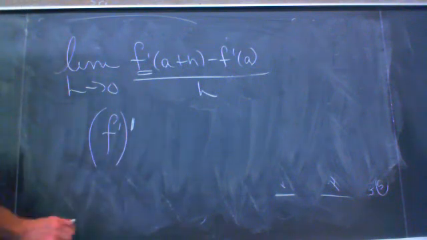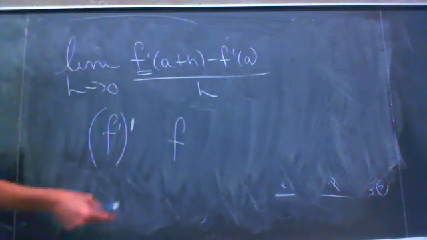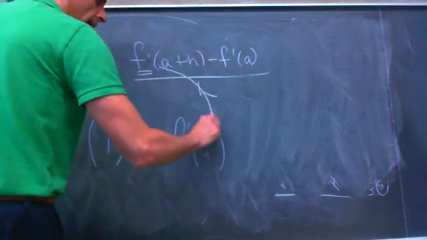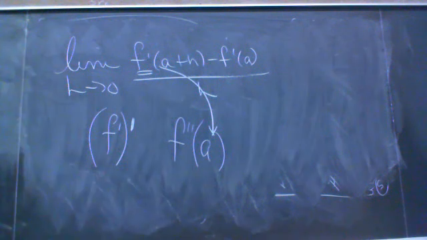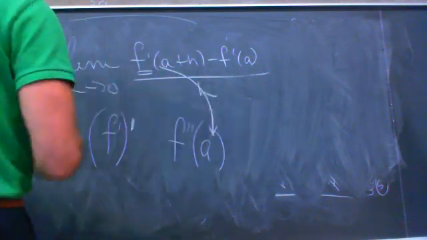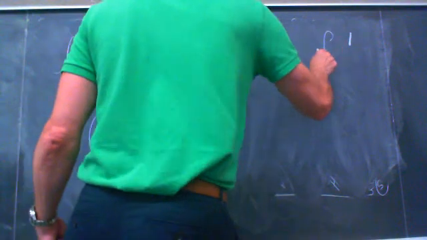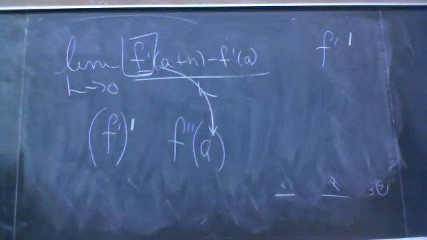So this is actually the derivative of the first derivative, which is your second derivative at a. So that actually represents f double prime at a. It's the limit of a difference quotient. It's the derivative of this function, which is f prime, and now you get f double prime.